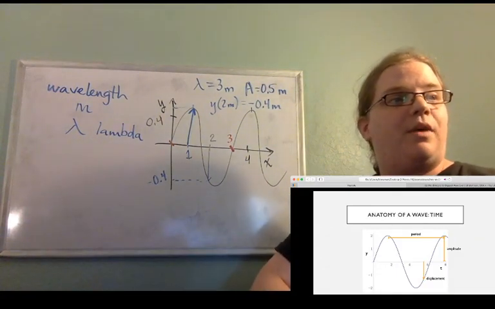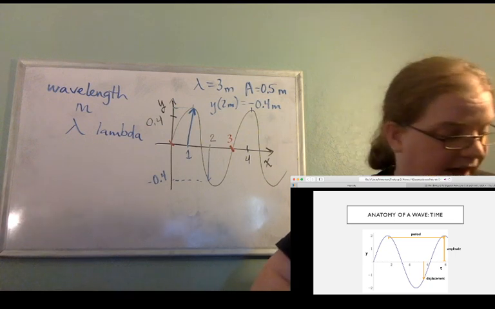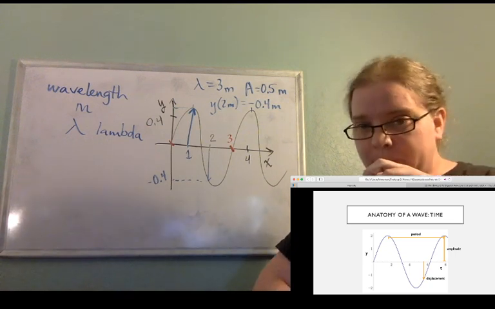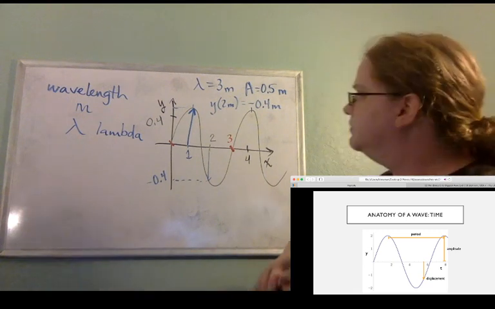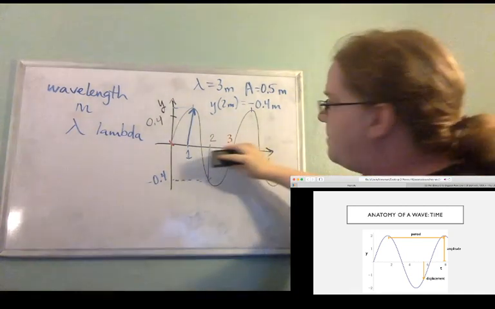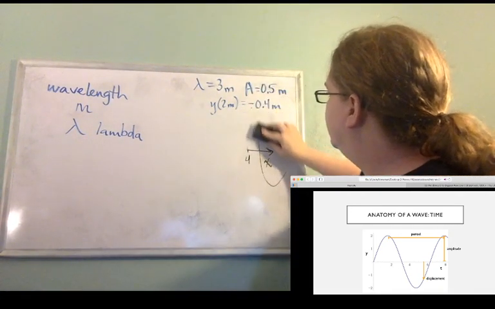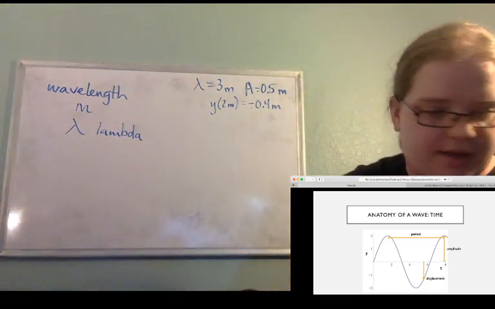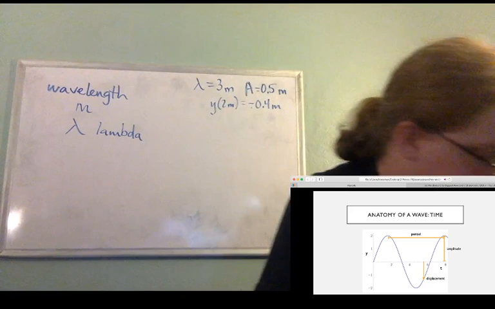Now let's think about what happens with time, okay? I'm going to leave these numbers up. Actually, I think I'll write them off to the side because we'll compare to them later.